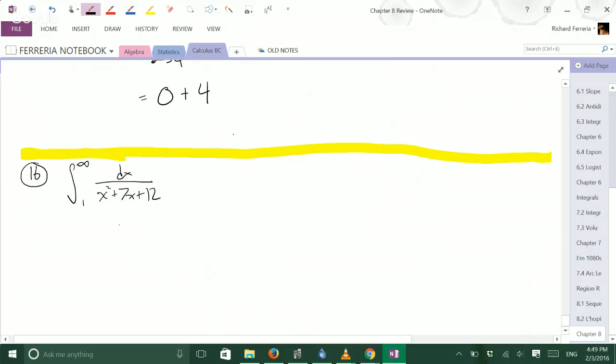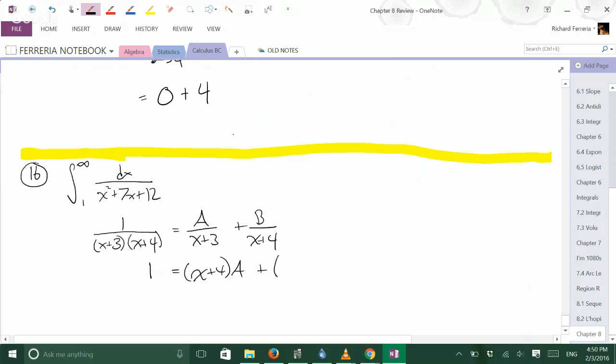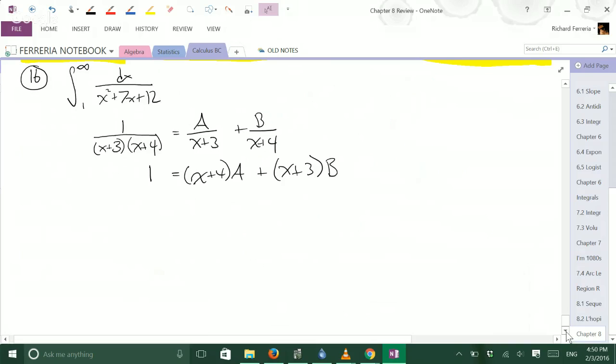Okay. Let's go ahead and factor. That's x plus 3 and x plus 4, right? Set up our partial fractions. Let's go ahead and take a look at the numerators. Let's pick some values.